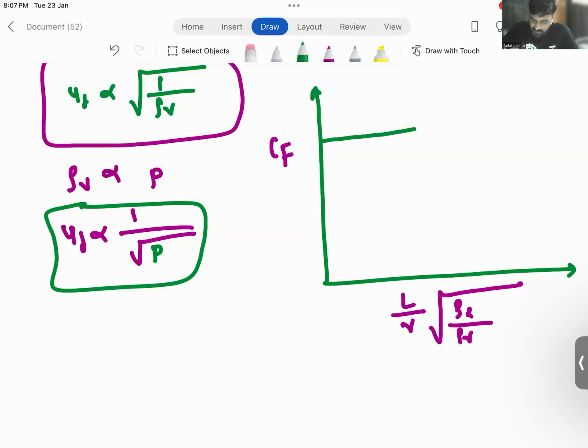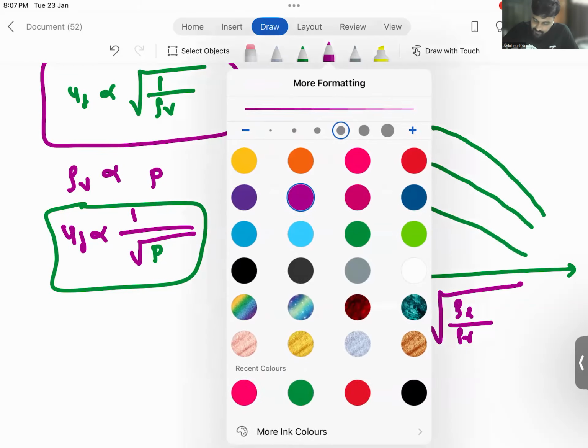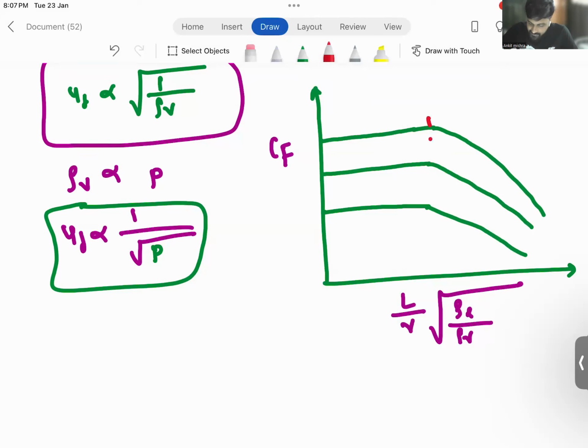The graph looks like this at a very low pressure, and at this particular value the pressure is going to influence or affect the value of CF.